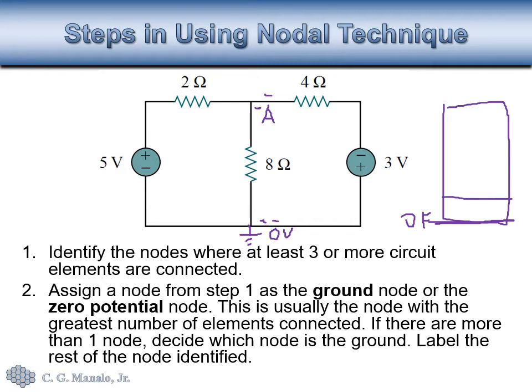For example, the next floor above, we call it the first floor, the next floor would be our second floor, and so on. So that is really what we mean by a ground node. It is a reference node where other nodes are referenced from it.